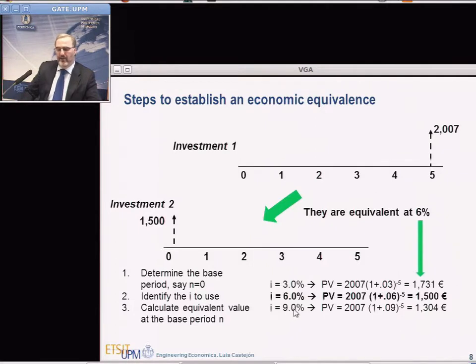We can test for 9%: the present value of the future value of 2,007 is 1,304 euros. So that answers our question: investment 1 and investment 2 are equivalent if we are offered an investment at 6% interest rate annually.